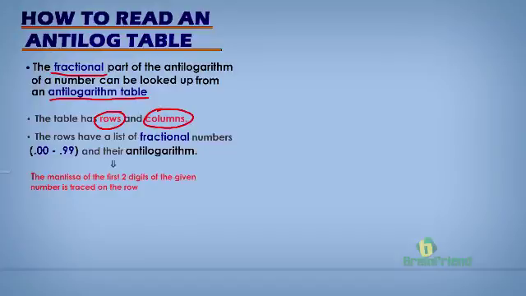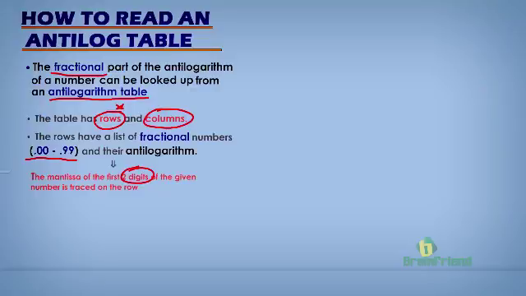These rows, different from what we have in the logarithm table, range from 0.00 to 0.99, while the logarithm table, like we said, ranges from 10 to 99. And of course, these values also have the mantissa part of our antilogarithms within. Also like the logarithm table, the first 2 digits of our given number are looked up from our rows.